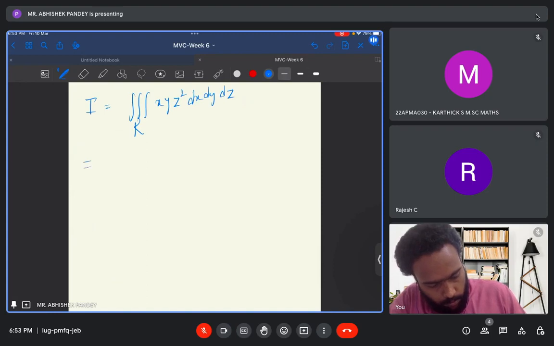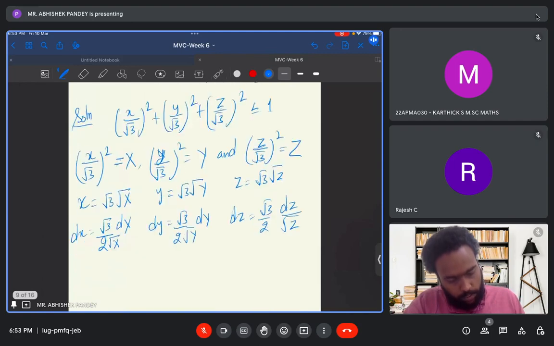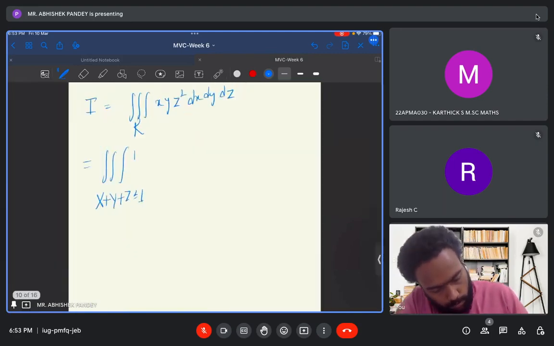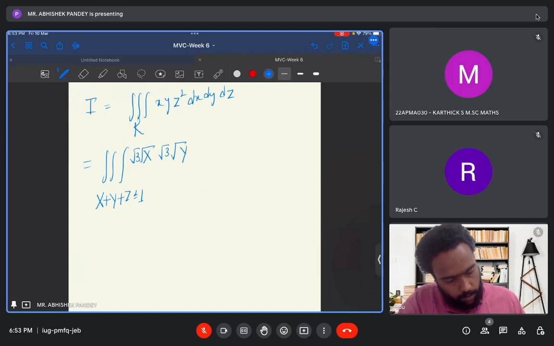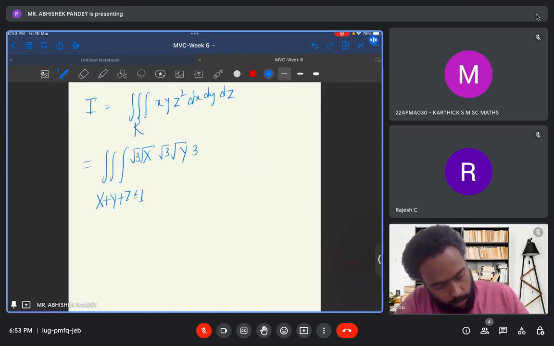So this integral will become x plus y plus z is less than or equals to 1. Now x y z square, what is your x? x is root 3 into root over x, y is root 3 into root over y, z is root 3 into root over z, and z square will be 3 into z.